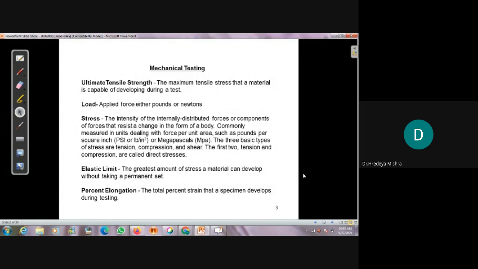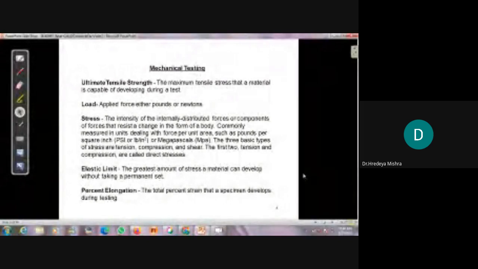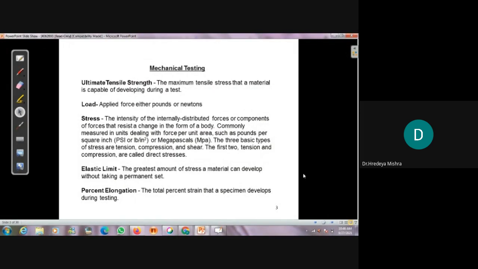Okay, stress. What is stress now? I already told you what stress is, what the elastic limit is, what the plastic limit is, and percentage elongation. These things are described in detail here. Stress is the intensity of the internally distributed force, or component of the force, that resists a change in the form of a body. The basic point: stress is the internal property of the material.